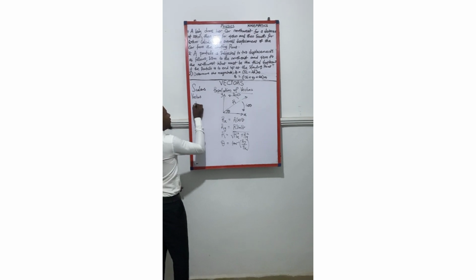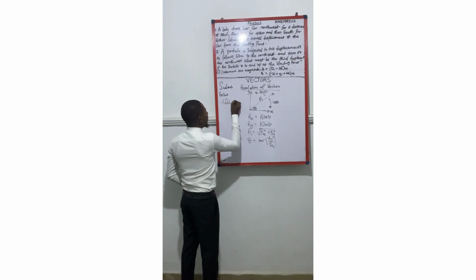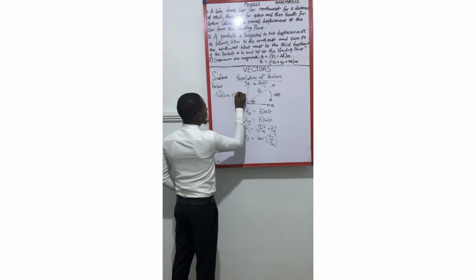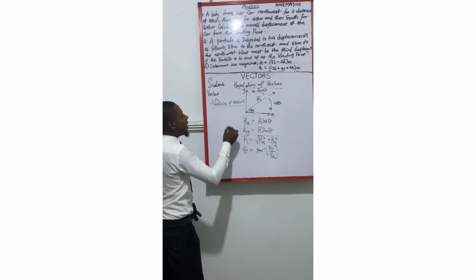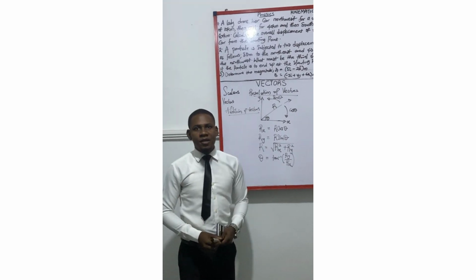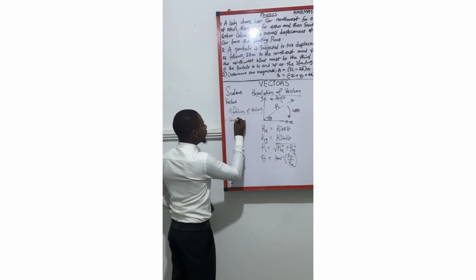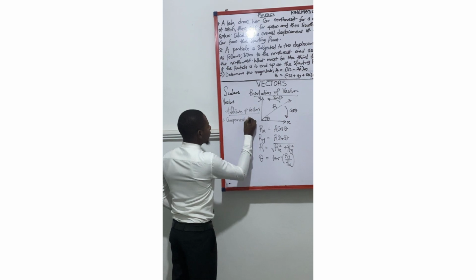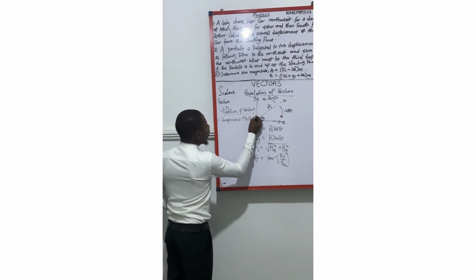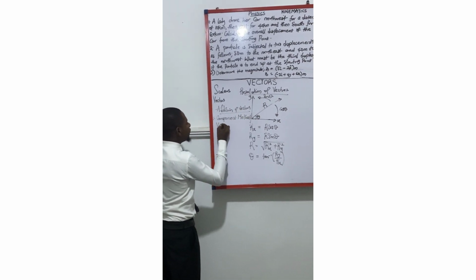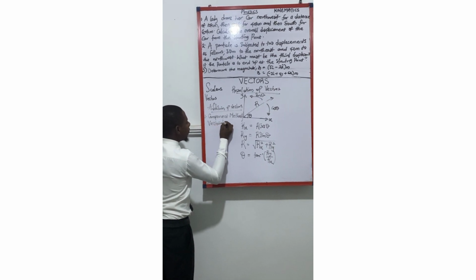Next is addition of vectors. We can add vectors in three different ways. Number one is what we call the component method, or we can also call it the vectorial method.